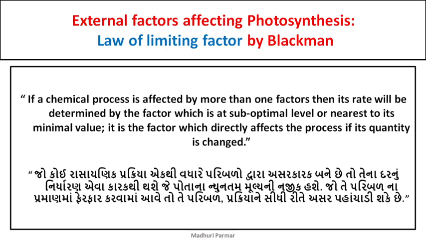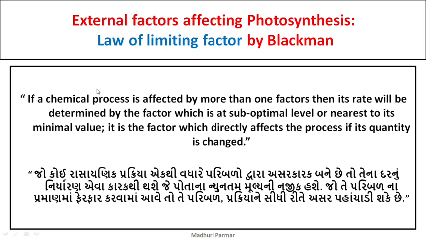If a chemical process is affected by more than one factor, then its rate will be determined by the factor which is at suboptimal level or nearest to its minimal value. It is a factor which directly affects the process if its quantity is changed. Do not be confused or afraid of this statement. Let us go through it one by one.